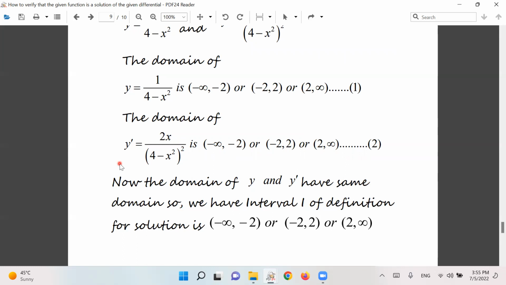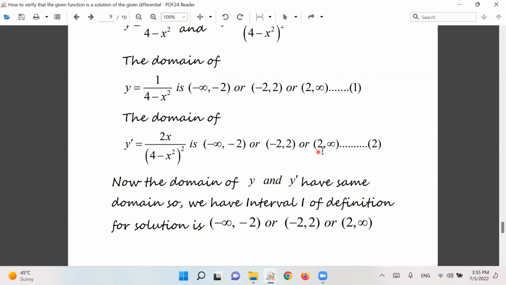But in the second question, they have different domains. So we have to select the domain in question number 2 which satisfies both y as well as y dash. But in the third question, we have three different intervals, which are the domain of y as well as y dash.